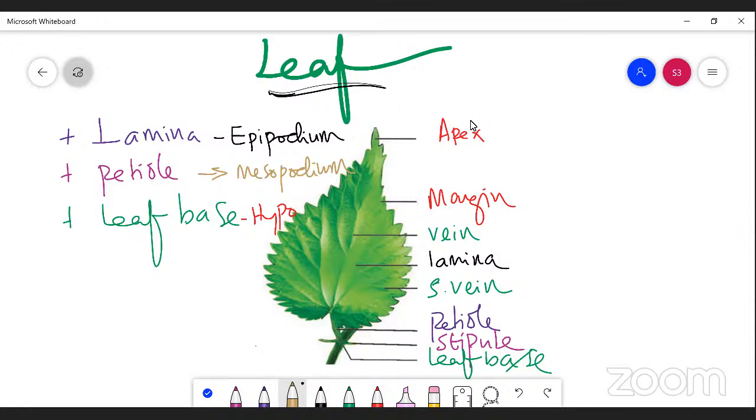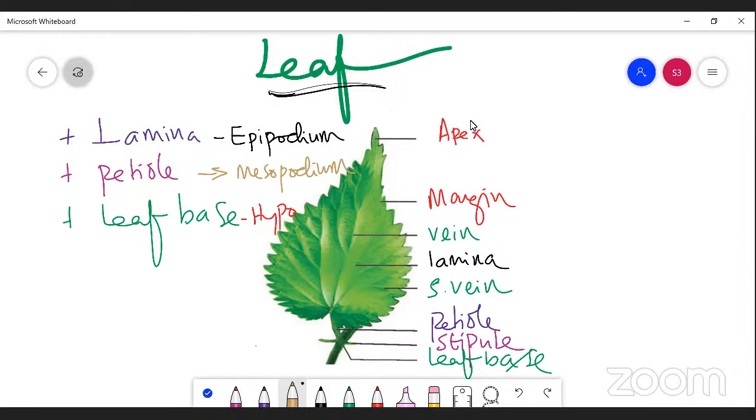That's why the leaf shows great variation, right? Repeatedly I'm saying, because the structure is varied, the location is varied and its functionality is also varied. So this is the nature of a leaf.